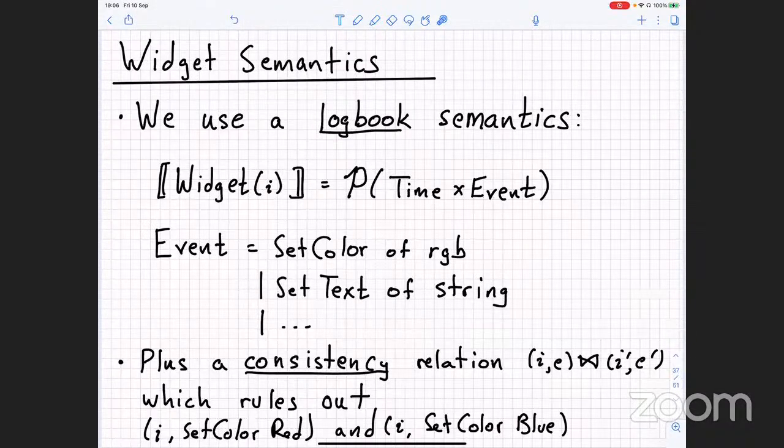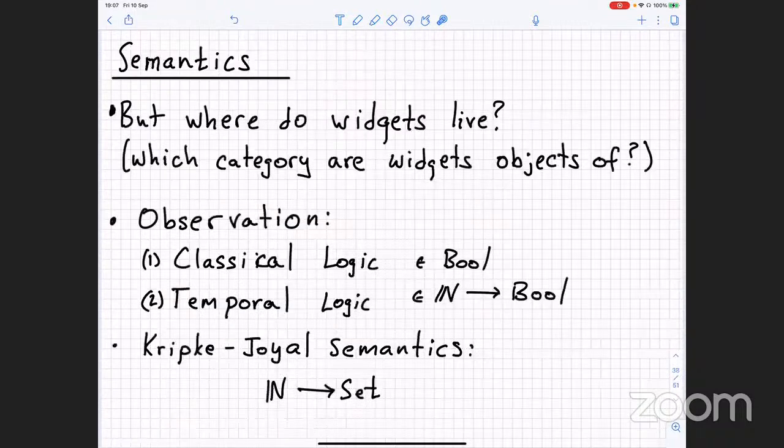Now that we have this, the question when you're doing semantics is always: where does your semantic object live? What category does it live in? What we noticed is that in temporal logic, the way people in model checking do it, they think of classical logic as being all about Booleans, and temporal logic is just about functions from times to Booleans.